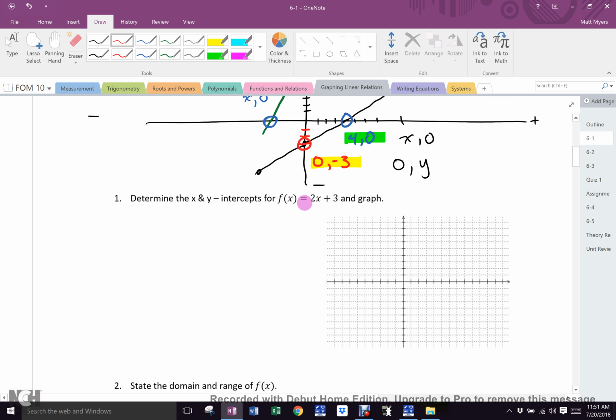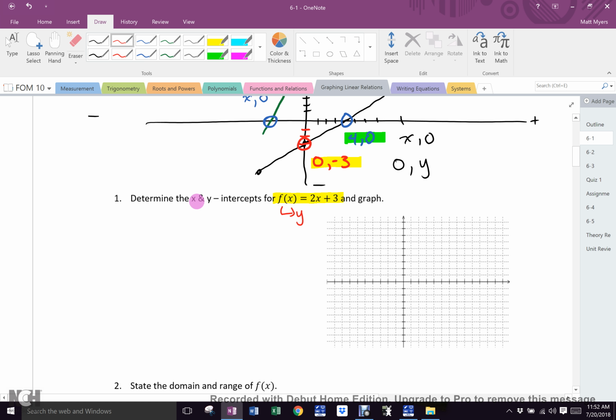Let's go to this very first question here. This is written in function notation. Does function notation transfer easily to a graph? Yes, because on a graph, what does that f of x become? Is that an x value or a y value? That is a y value.